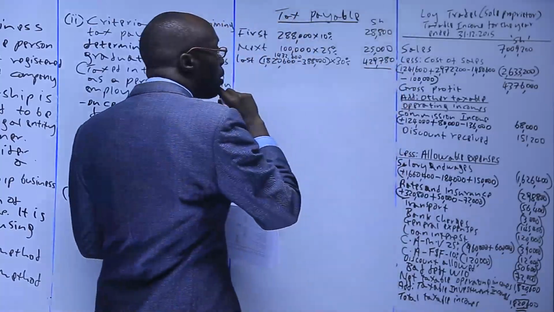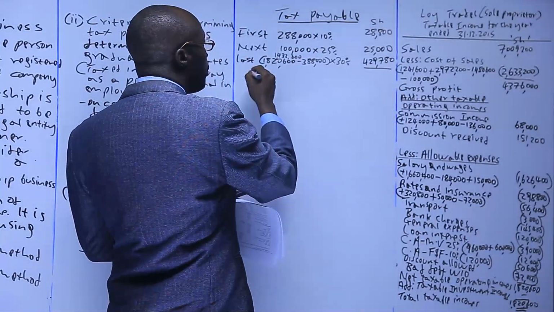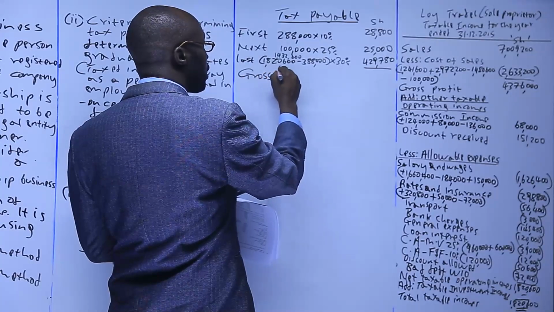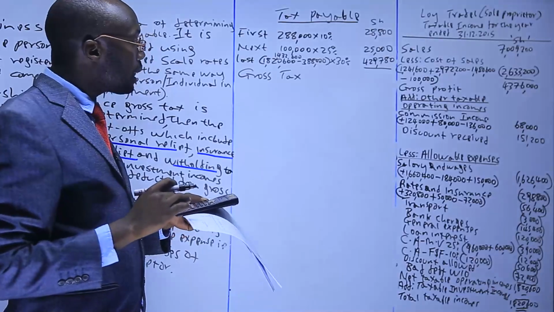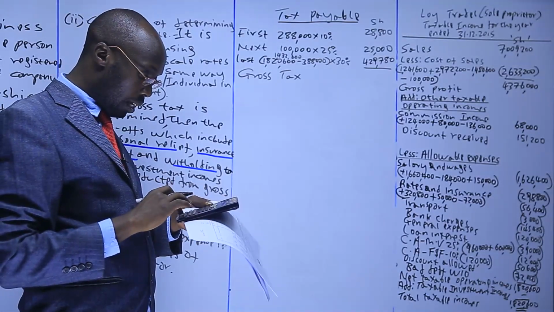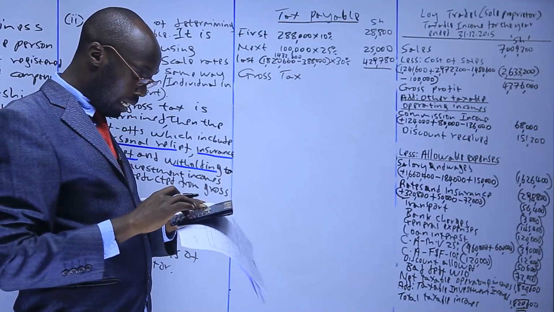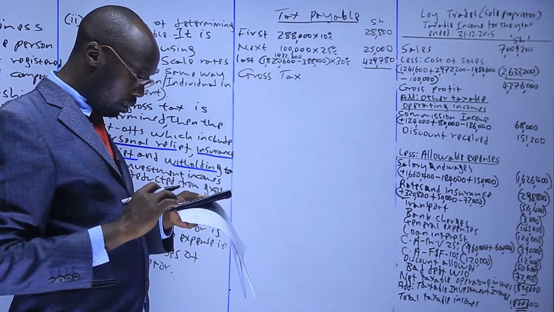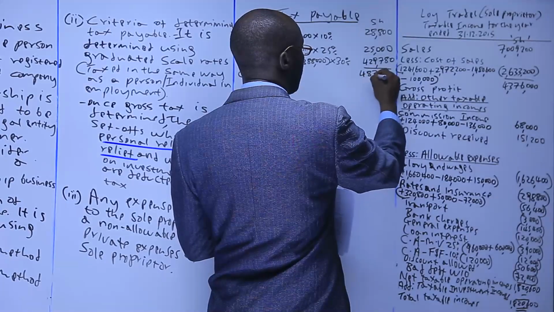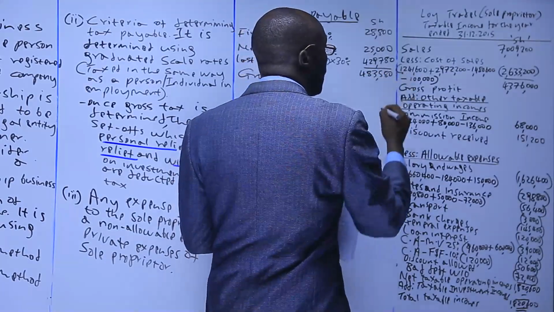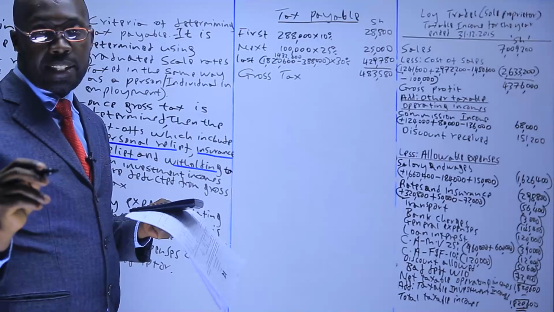Then, because that is the last one, you add those taxes to get something called gross tax. Gross tax, which would be the 429,780 plus 25,000 plus 28,800, which gives you 483,580. That we call gross tax.